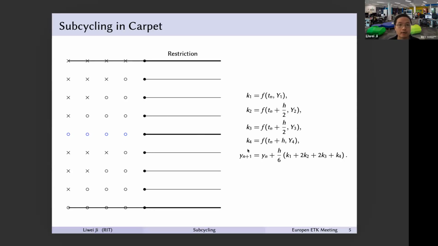Okay, then basically we want to see if we can get rid of the 3 extra ghost zones. So we only want to keep 1 layer of ghost points, but also have high order accuracy when we do subcycling.